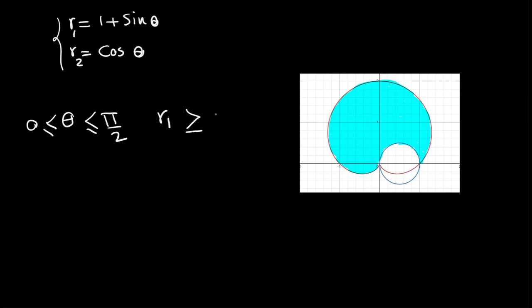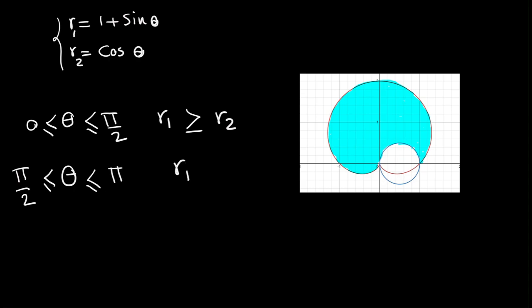And then we have some region in the second quadrant that belongs only to r1, or 1 plus sine. So when theta is between pi half and pi in the second quadrant, we have the area of r1 only.